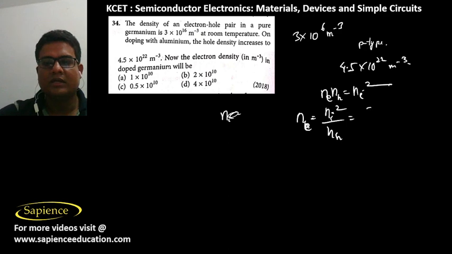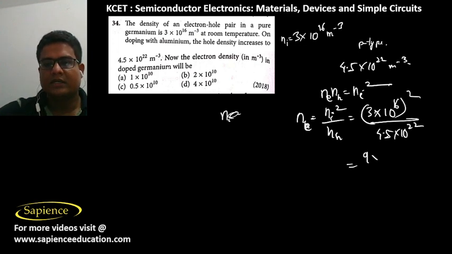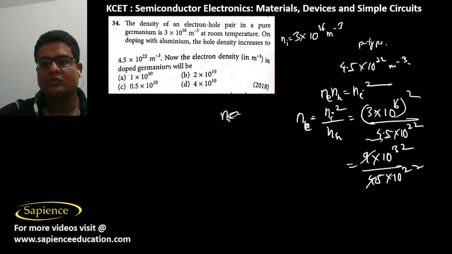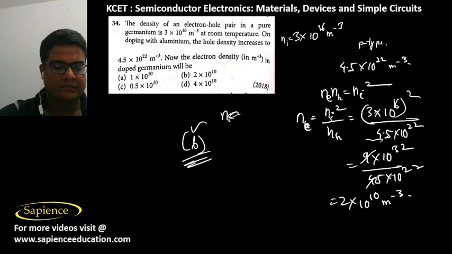Ni, the intrinsic carrier concentration, is 3 into 10 power 16, whole square, divided by Nh, that is 4.5 into 10 power 22. That will be 9 into 10 power 32 divided by 4.5 into 10 power 22. 4.5 into 2 is 9. So 2 into 10 power 10 per meter cube. So option B is the correct answer.